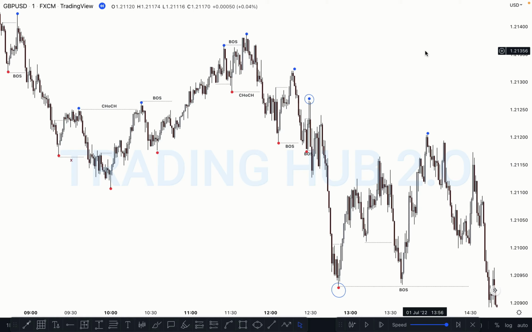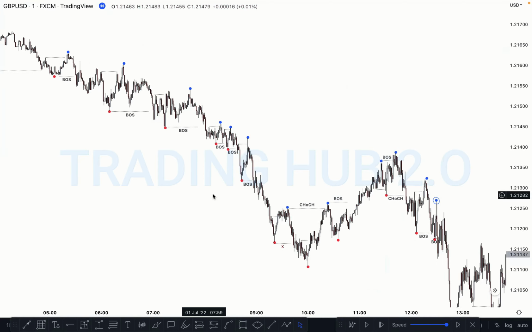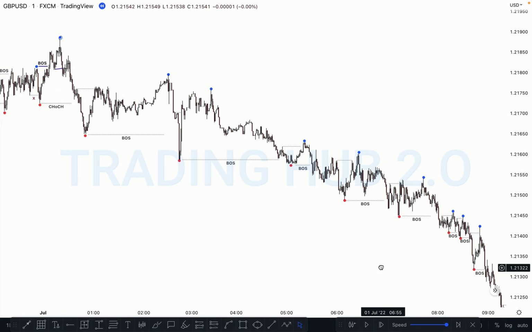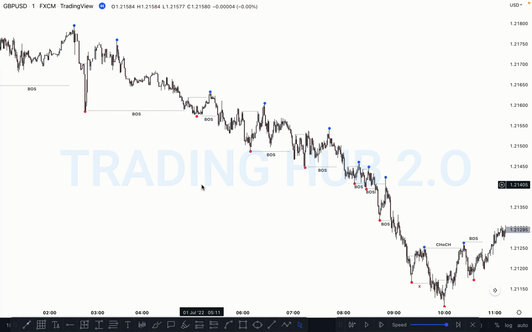Actually my English is not very good, English is not my primary language, that's why I can't speak fluently, but please try to understand what I'm trying to say, that's what matters. Okay, so this is a correct and valid way to mark any structure, right? As you can see here, even every single candlestick, I mark every point, everything in detail.